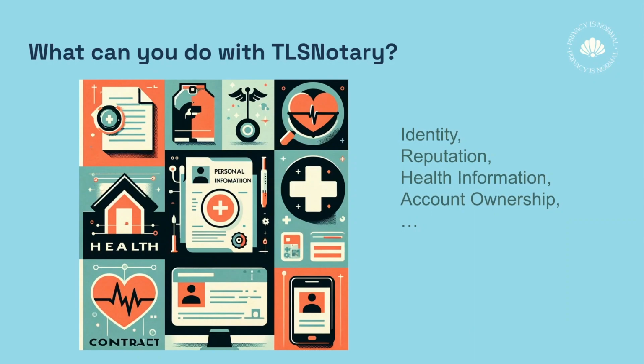Also real world assets. If you have a Tesla car, that also comes with a Tesla account. So you could prove that you actually own stuff. And so this unlocks a lot of use cases that were not possible before. So we're also very curious ourselves to see what you all will find for new use cases for TLSNotary.